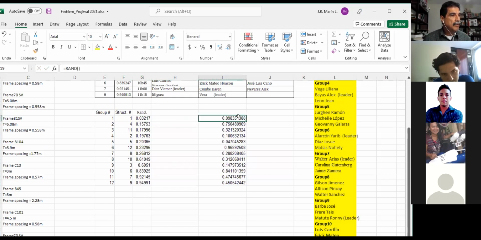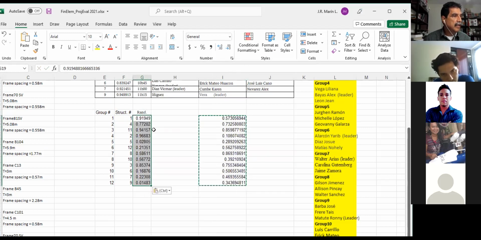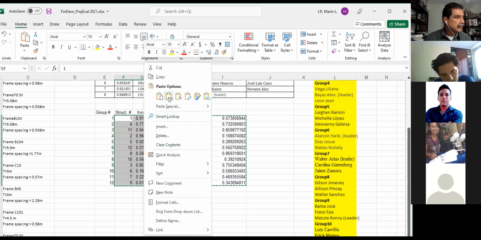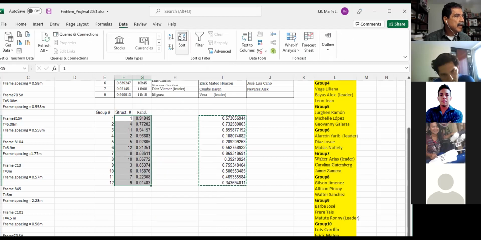So what I'm going to do is, these are the values of the random numbers from last time. I copy them here so they don't move anymore, and then I organize this.